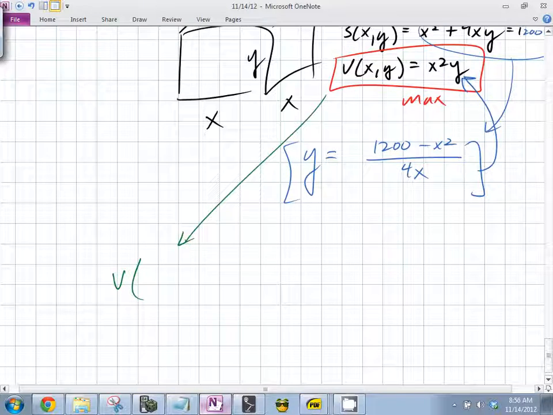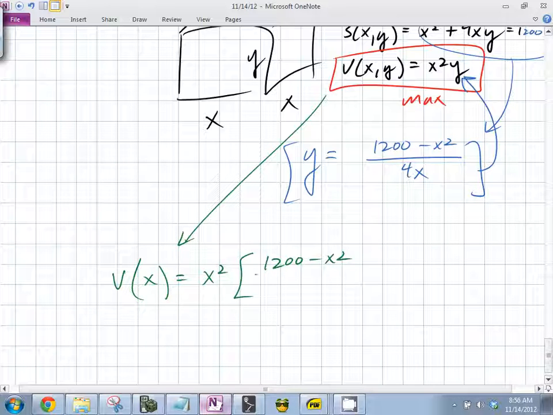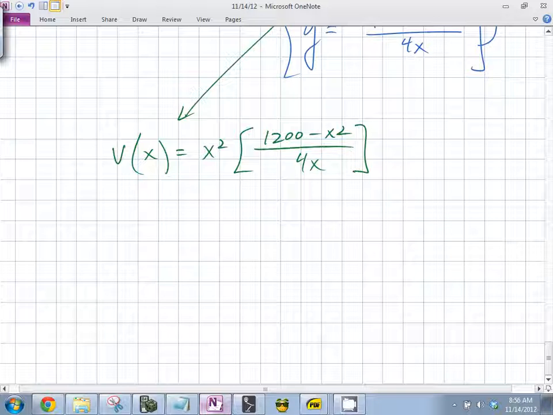What should I do first before I do anything to this? Cancel an x. So volume in terms of x is going to be 1,200x minus x cubed all over 4, which is the same thing as 300x minus 1/4 x cubed. Is that correct? Do we agree?